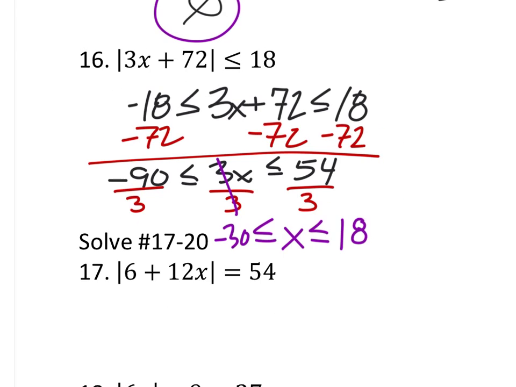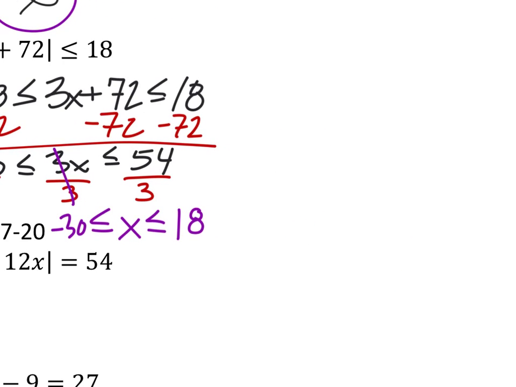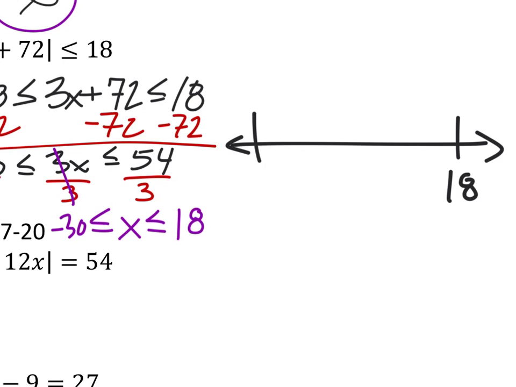So if we were required to graph this, we have a line over here, and way over here it'd be 18, and over here it'd be negative 30. Well, x is less than or equal to 18, so we have a square bracket here going to the left.